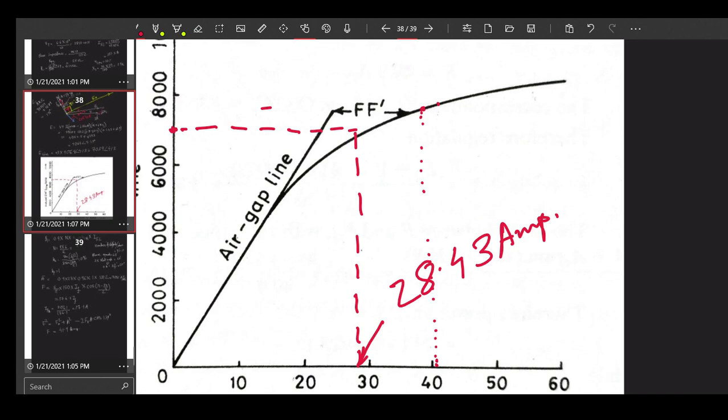I just drew it slightly off, at 40.5 it is not that.